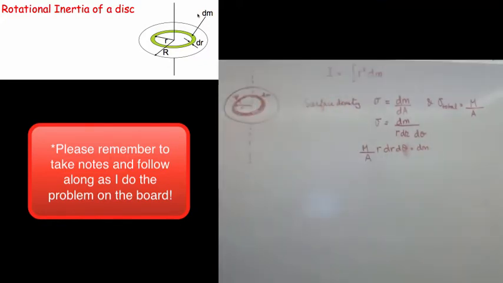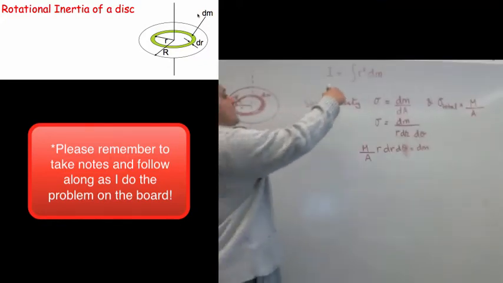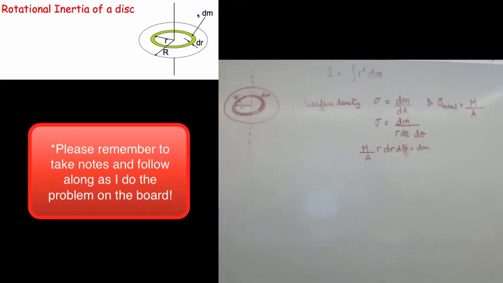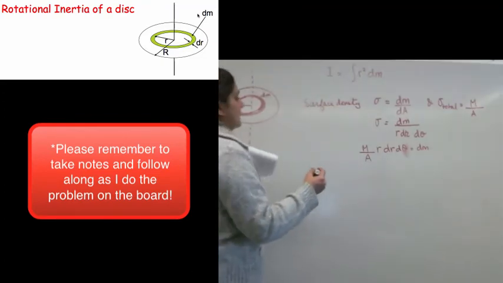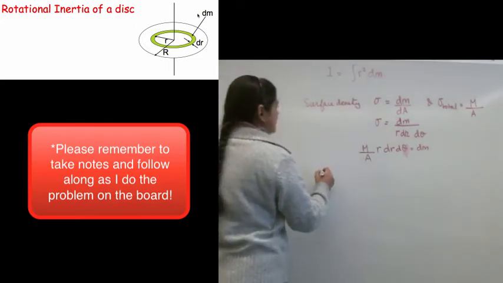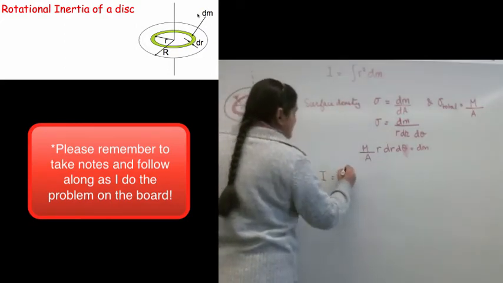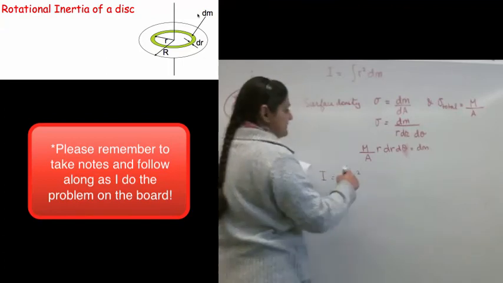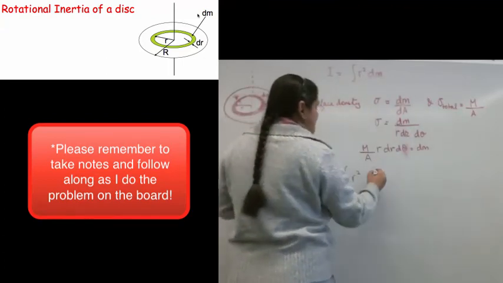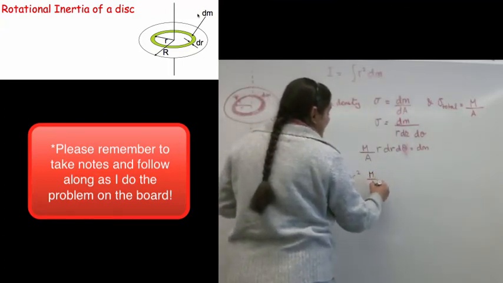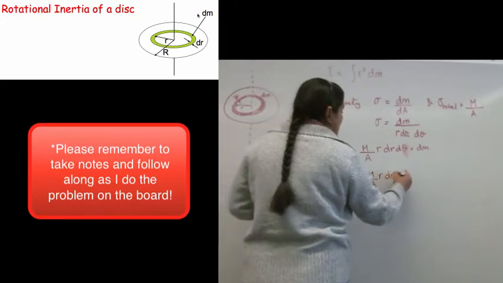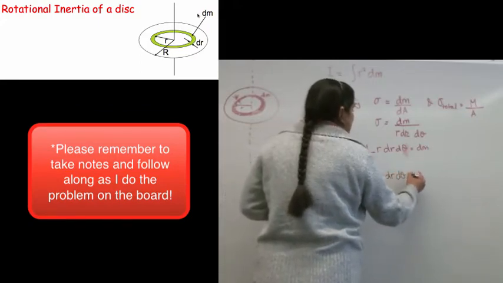Now, how do I find what the moment of inertia is going to be? In this case, it is going to be I equals the integral of r squared, and I'm going to plug this value of dm into here, so it will be m over A, r dr d theta.